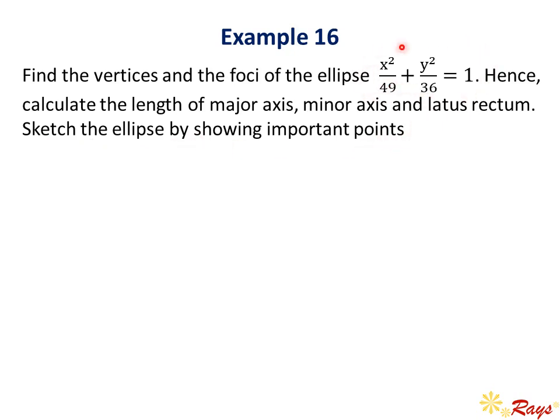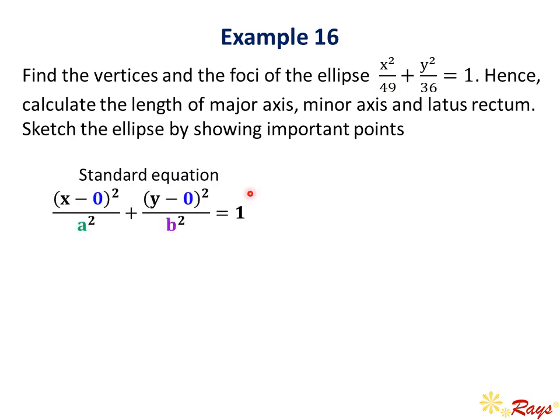A quick glance here. We know that the major axis is along the x-axis or parallel to the x-axis because the bigger number is the denominator of x squared. So we write in standard equation so that we can identify the center as well as the values of a and b.